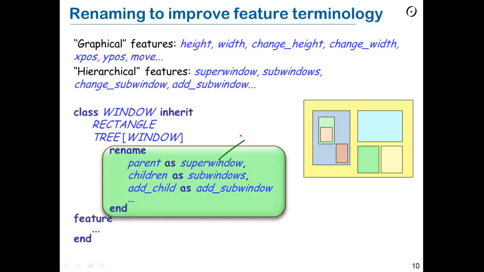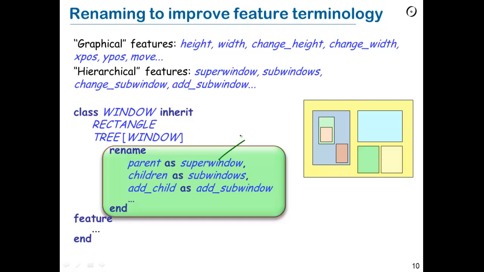Now, I should add here that the recommended style in object-oriented development, in particular in library development, is to use pretty standard names. You will have noted, for example, in looking at Eiffel libraries, that you have lots of classes with features having names such as item, put, remove, count, and so on. These are standard names, and they are recommended.